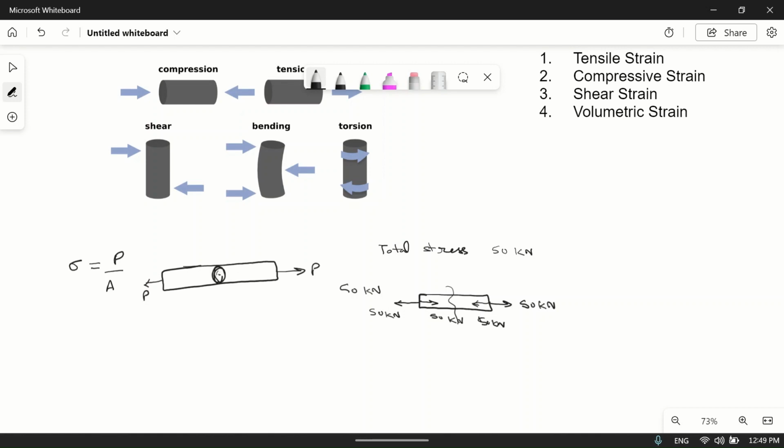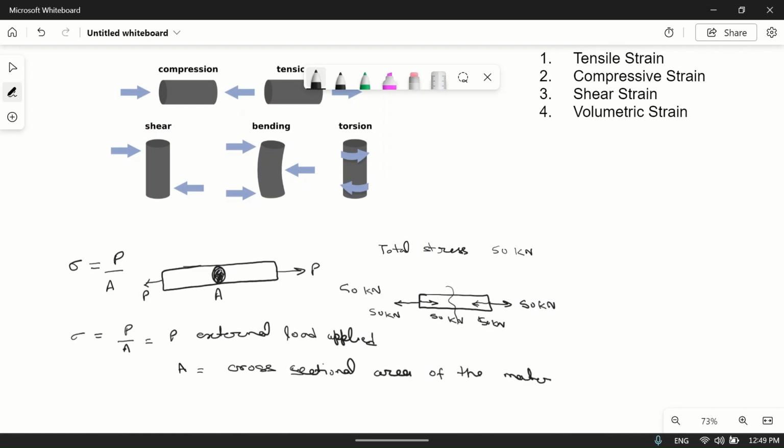This is area A, the cross-sectional area of this beam. Then the formula for stress will become P by A, where P is the external load applied and A is the cross-sectional area of the material. So this is load, this is stress.